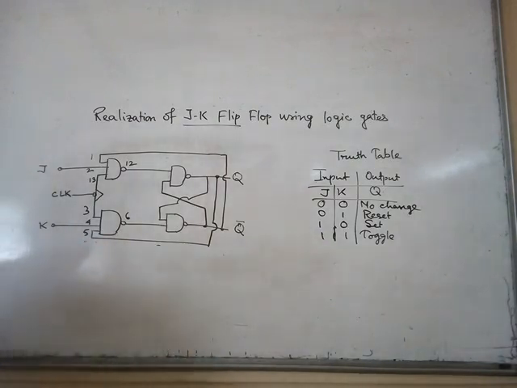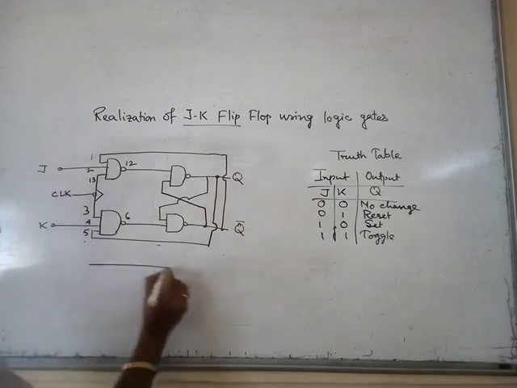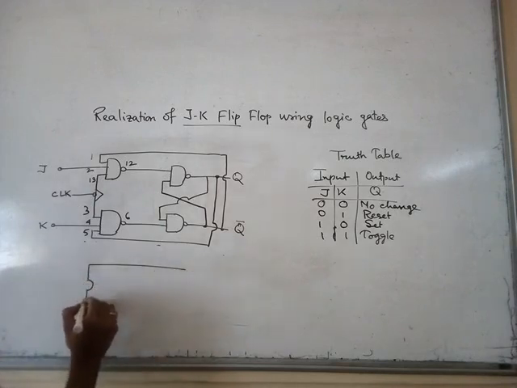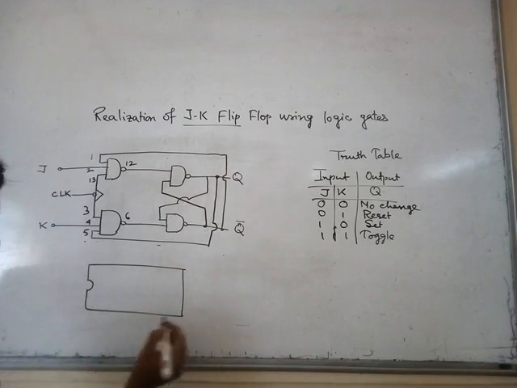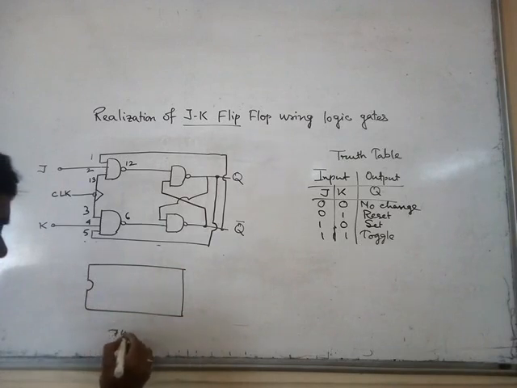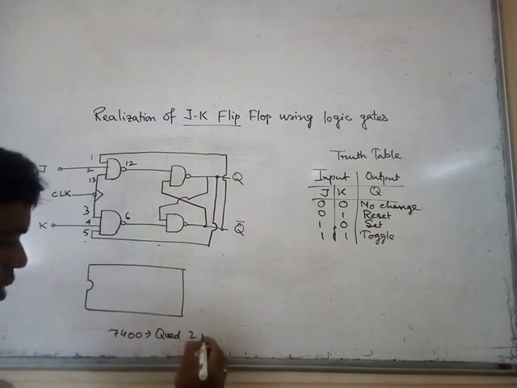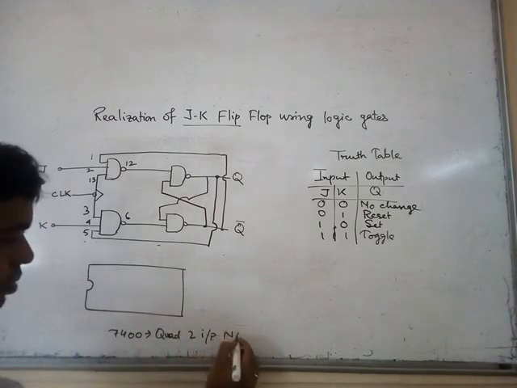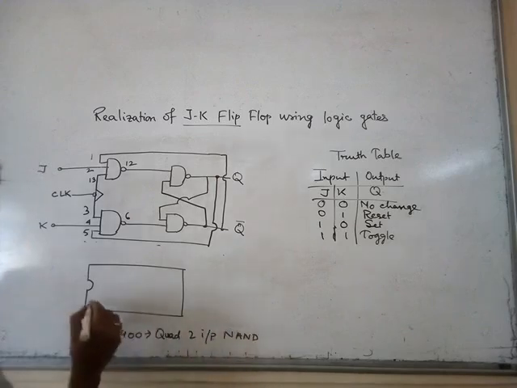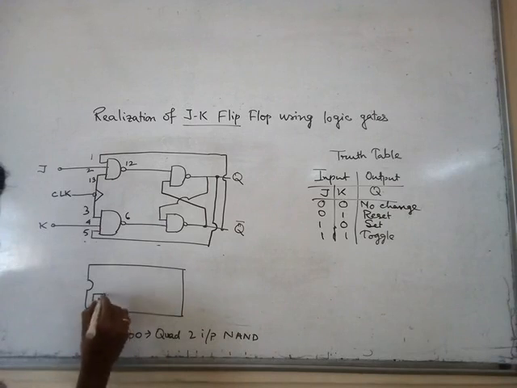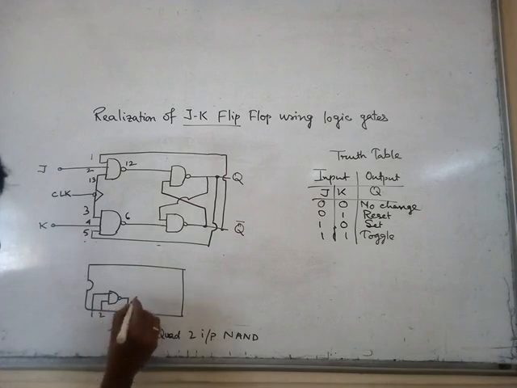It is the 2 input NAND. If you draw the pin diagram, you can see the IC number is 7400. It is called quad 2 input NAND. So 1, 2 are the inputs and 3 is the output.